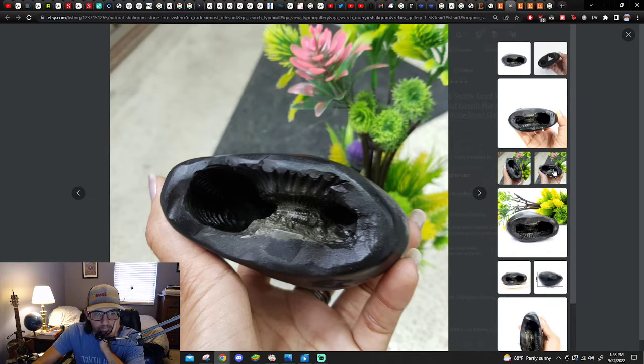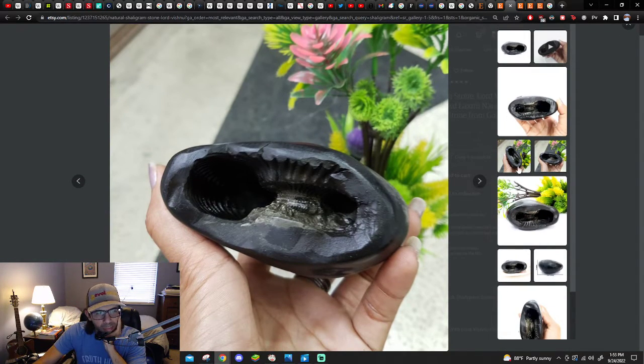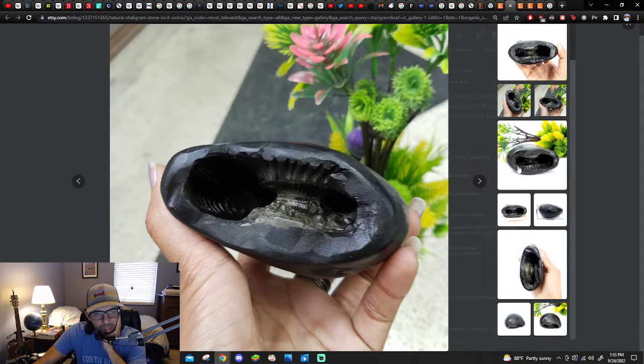Sort of like a shrimp, maybe. But what's going on here? Why has it got a center to the shell that goes up through it like this? Oh my god, it's beautiful.